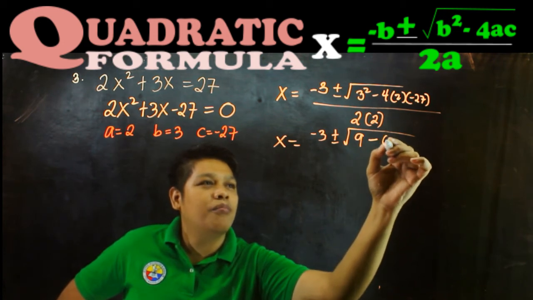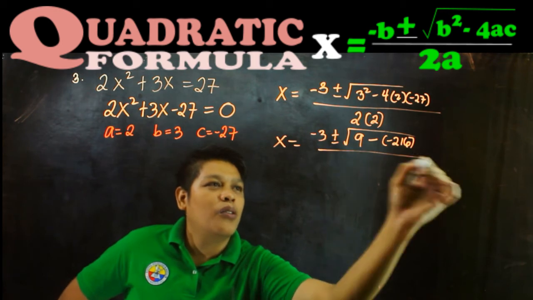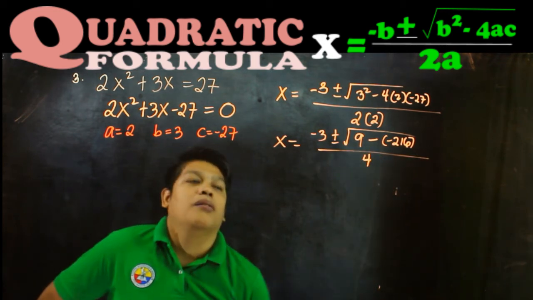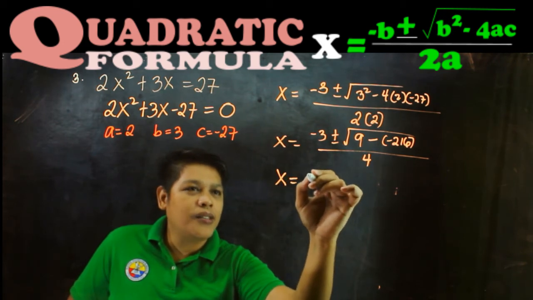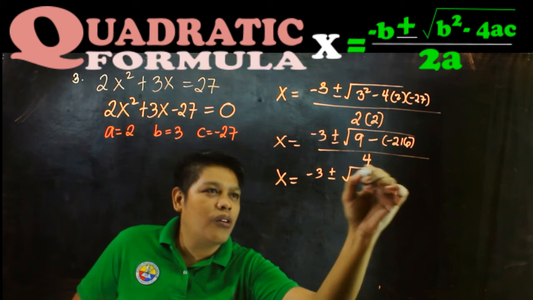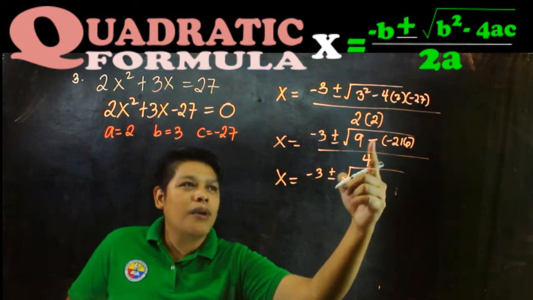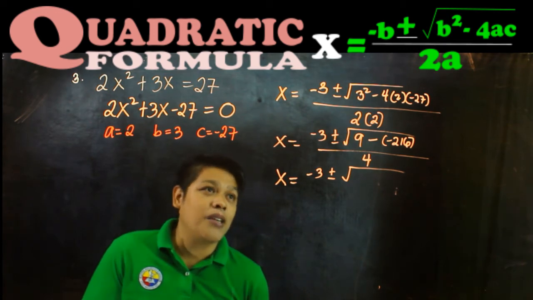So, negative 216 over 4. So, x equals negative 3 plus or minus square root of 9 minus, ito ay magiging, katulad kanina, magiging plus to.